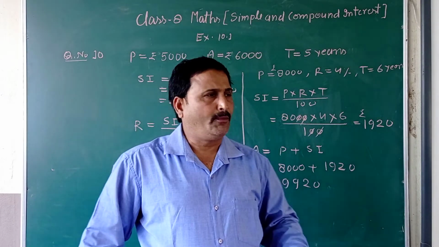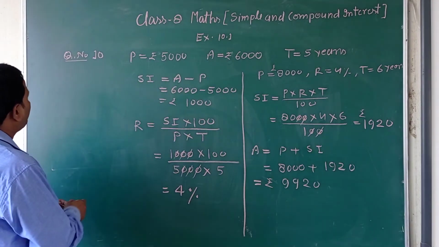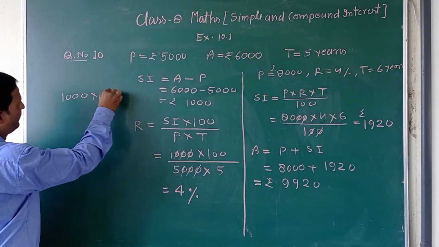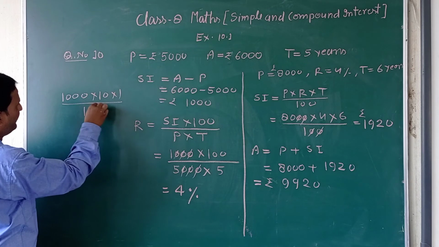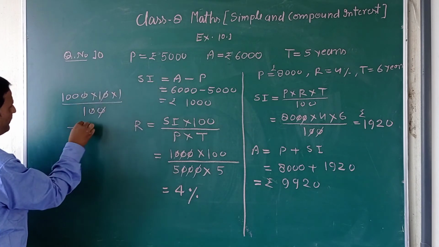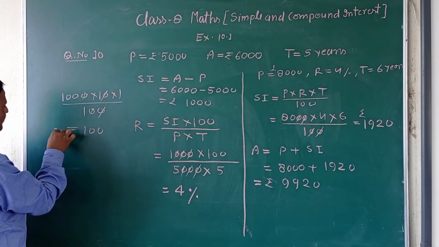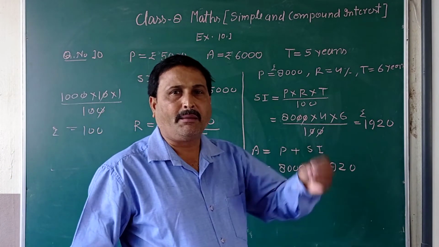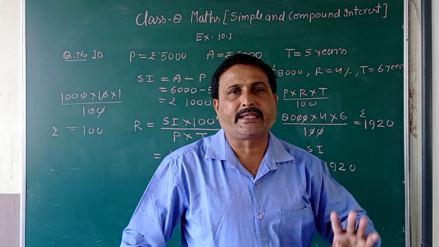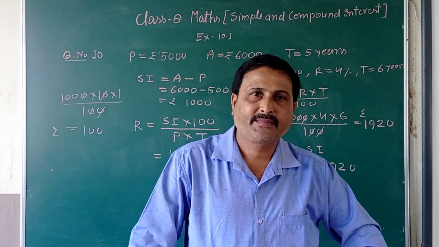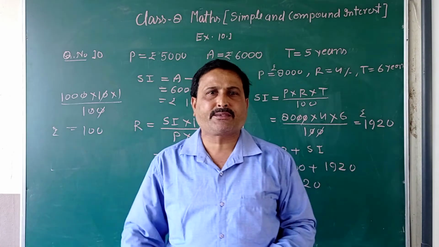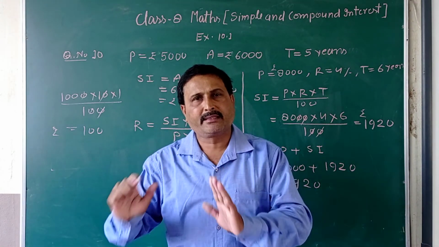Suppose 1,000 you have given for 1 year at 10% rate, upon 100, see, 100 rupees as interest. For the first year, compound interest and simple interest for the same principal will be the same.